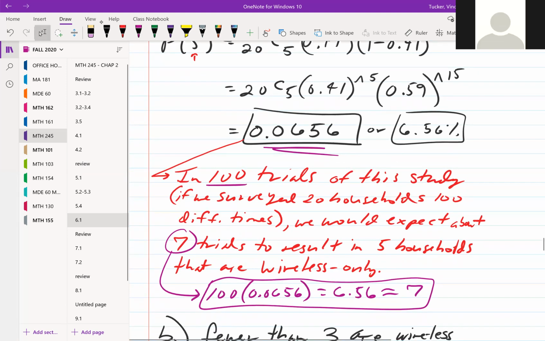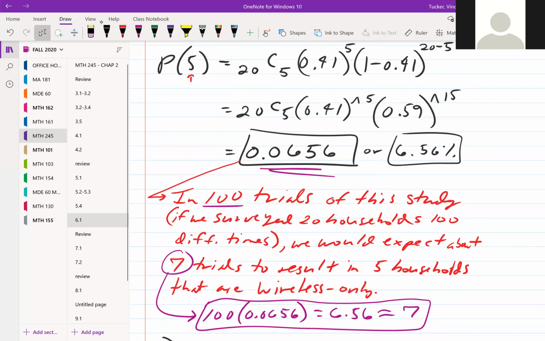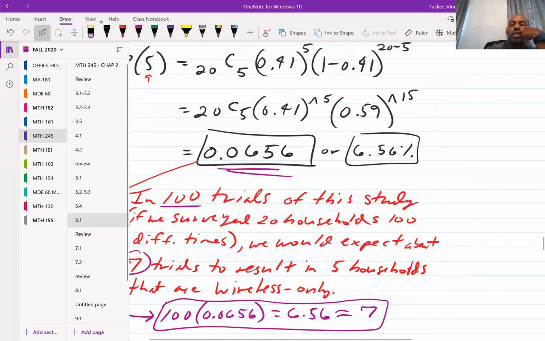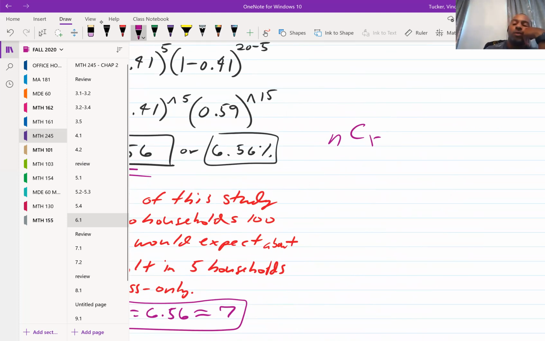Still a little bit confused about what C is in the equation. It's a combination formula. It actually represents nCr. Normally it's N and R that's used.